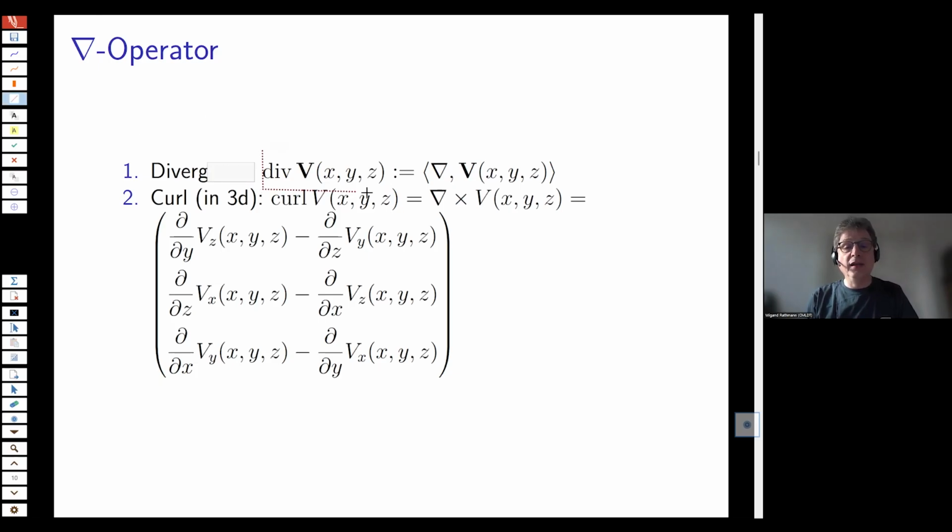This we have here, and this is defined by a scalar product between the nabla operator and the vector field. And we have the so-called curl. This is nothing else than nabla times v, and it takes some time to know the definition without using a cheat sheet.